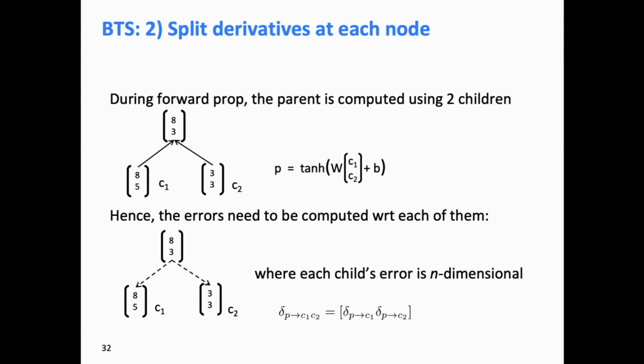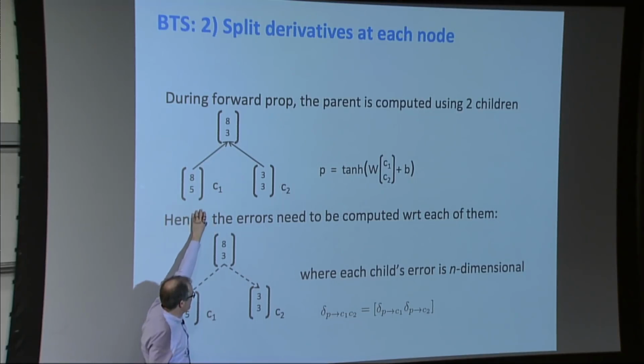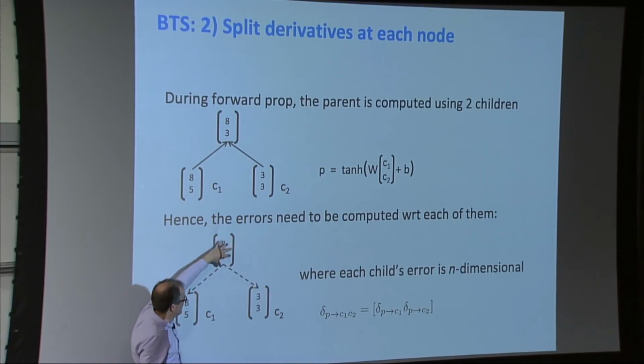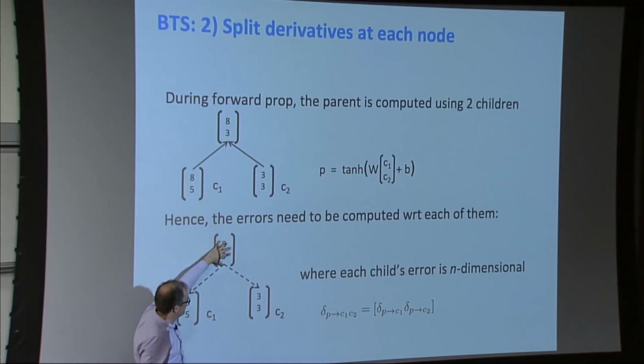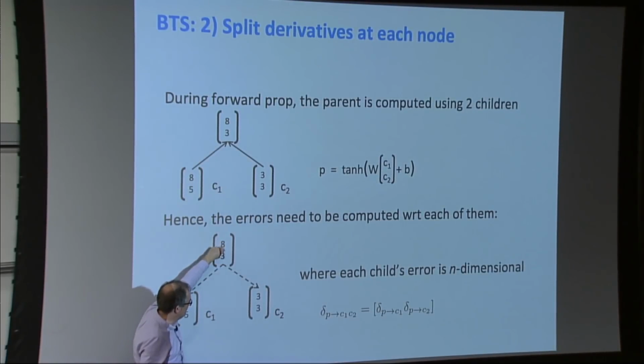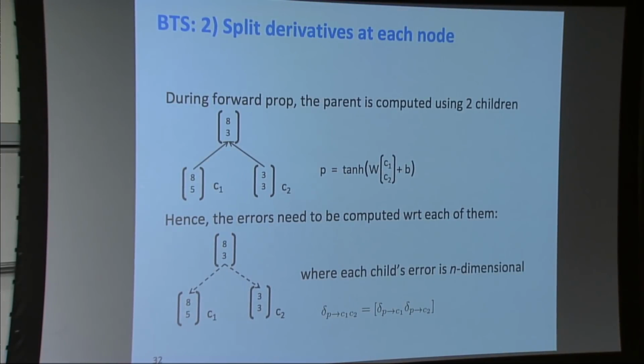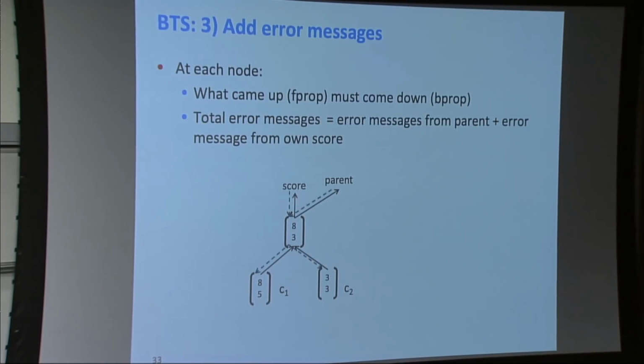So in forward prop, we compute forwards, and when we have the backward propagation, we have the error signal coming from above, we combine it with the calculations at this node, and then we send it back in a tree structure down to each of the branches underneath us.